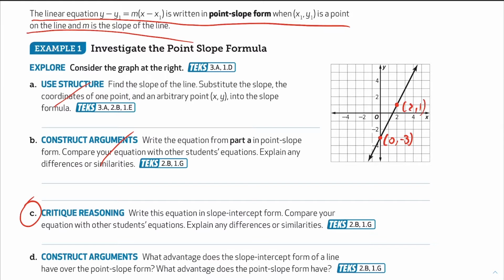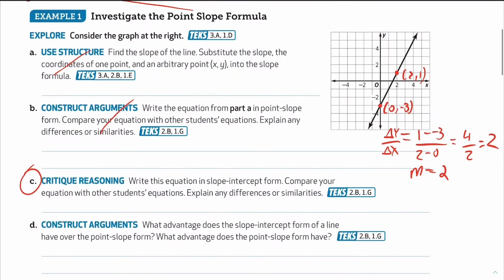Let's find the change in the y, which is 1 minus -3, over the change in the x. If 1 was y2, then the first x is going to be 2 minus 0. We get 4 over 2, which is 2. m is equal to 2.